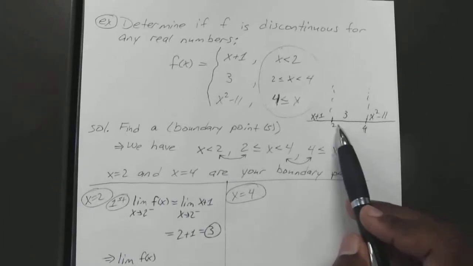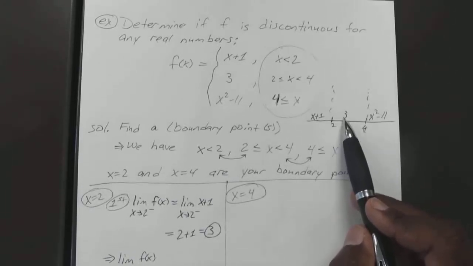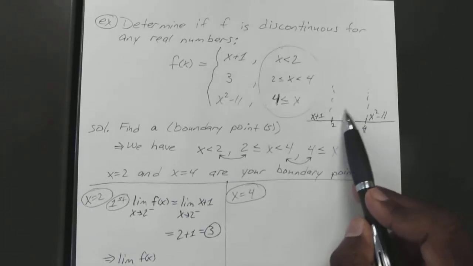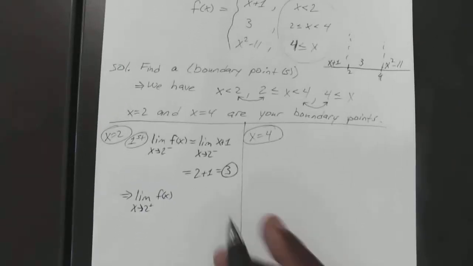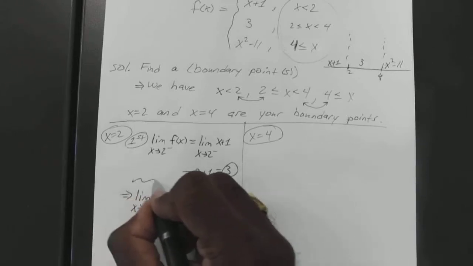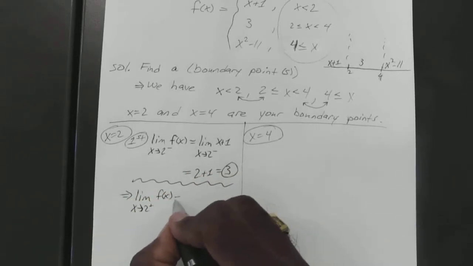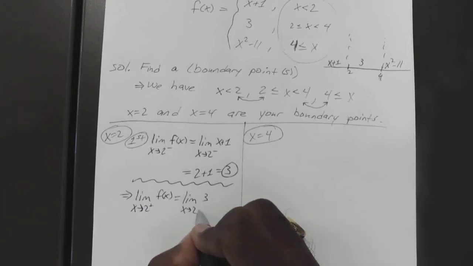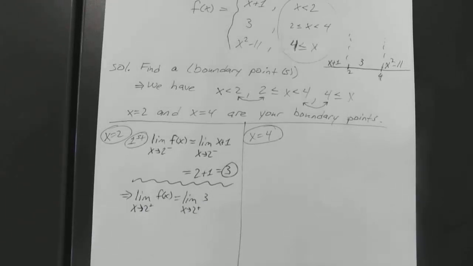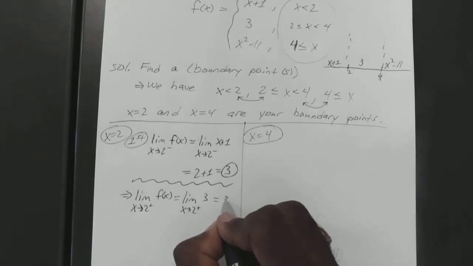Now if we look at our number line, as you get closer to 2 from the right, your f of x is 3. So now just replace f of x with 3. It's equal to the limit of 3 as x approaches 2 from the right. And we know the limit of a constant is just that constant. So that's going to equal 3.